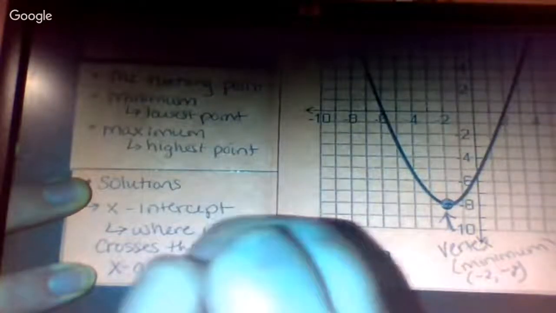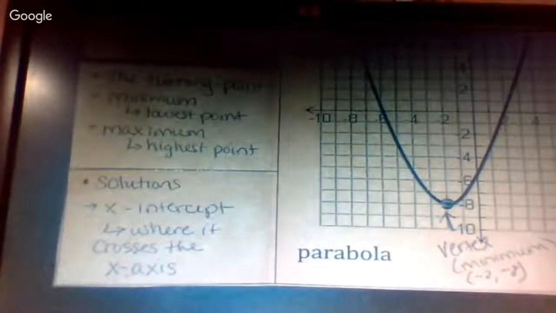All these are your x-intercepts, where it crosses the x-axis. So when they ask for your roots or solutions or zeros, they want to know where it crosses the x-axis.